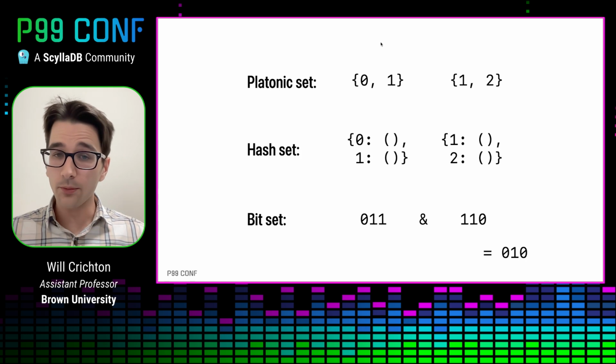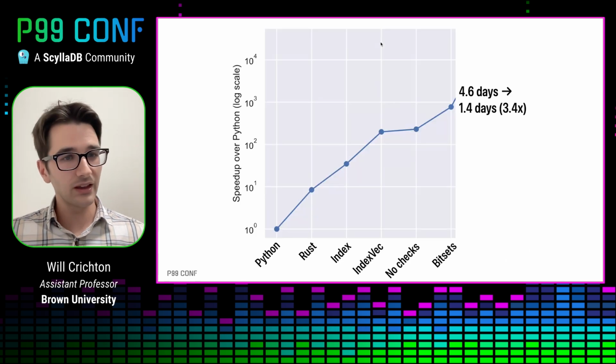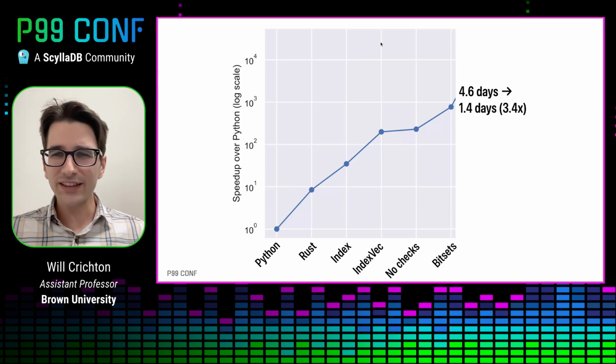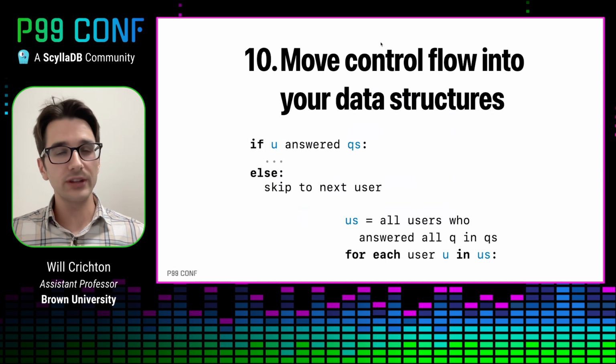That is a primitive operation on most CPUs, so it runs very fast. Therefore, once we implement this whole strategy, our approach is 3.4 times faster than before. Pretty cool. And the lesson here is you want to move your control flow into your data structures.